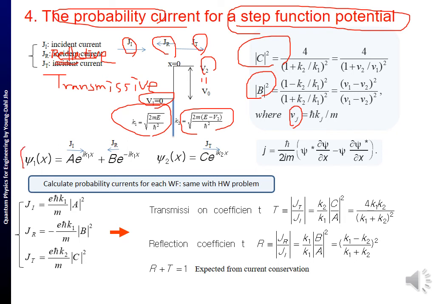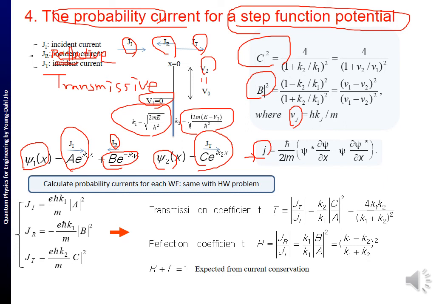And ψ1, ψ2 were assigned. Here this part corresponds to J_I. This part is reflective and used for calculating J_R. And this one is used for calculating J_T by applying the idea of J.